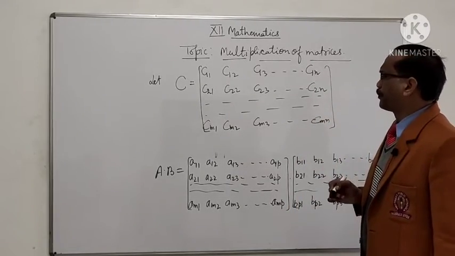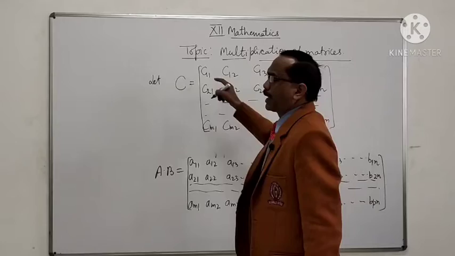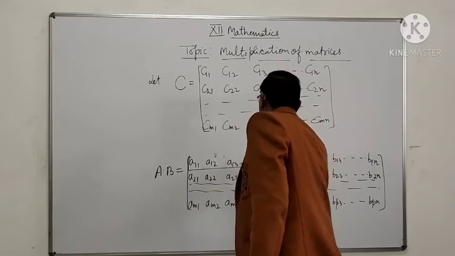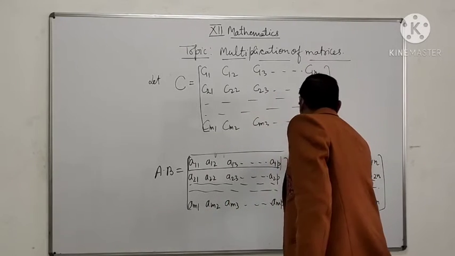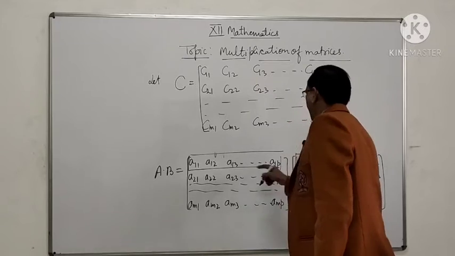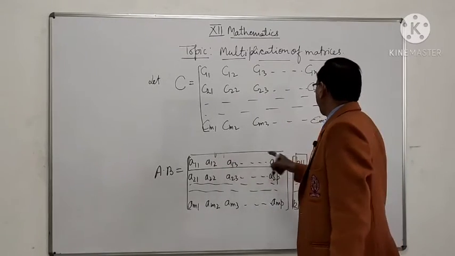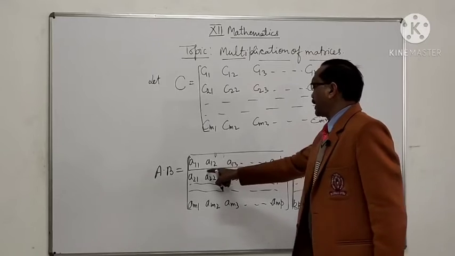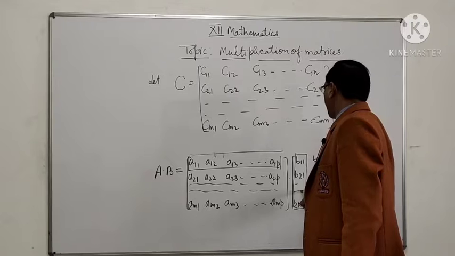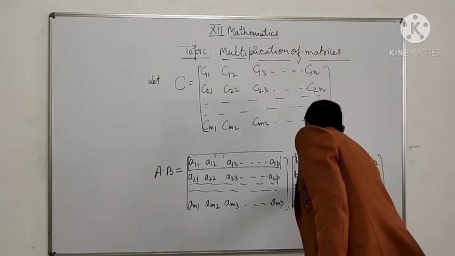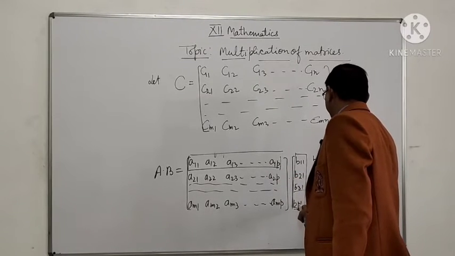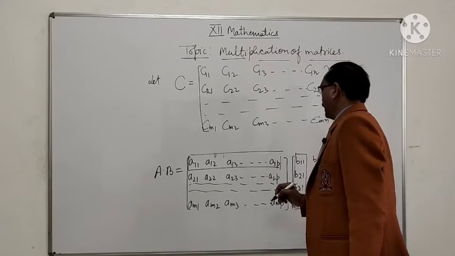Student, now the logic is, what about the value of C11? When we multiply the first row of A with the first column of the B matrix, correspondingly we multiply the first element with the first element of B, then A12 multiplied by B21, A13 multiplied by B31, and so on, A1p multiplied by Bp1.